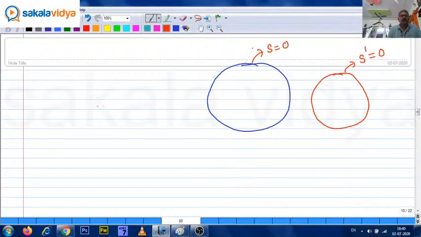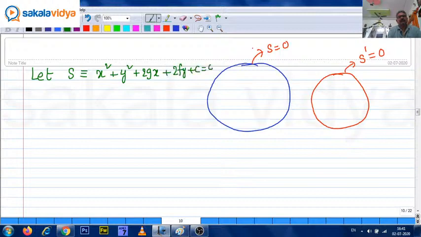Now here let us suppose S equals x square plus y square plus 2gx plus 2fy plus c equals 0. S dash is equal to x square plus y square plus 2g dash x plus 2f dash y plus c dash equals 0.